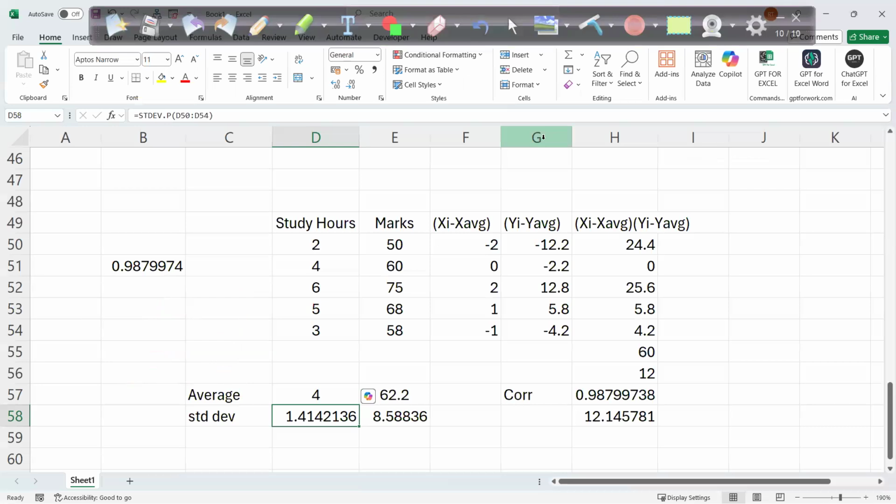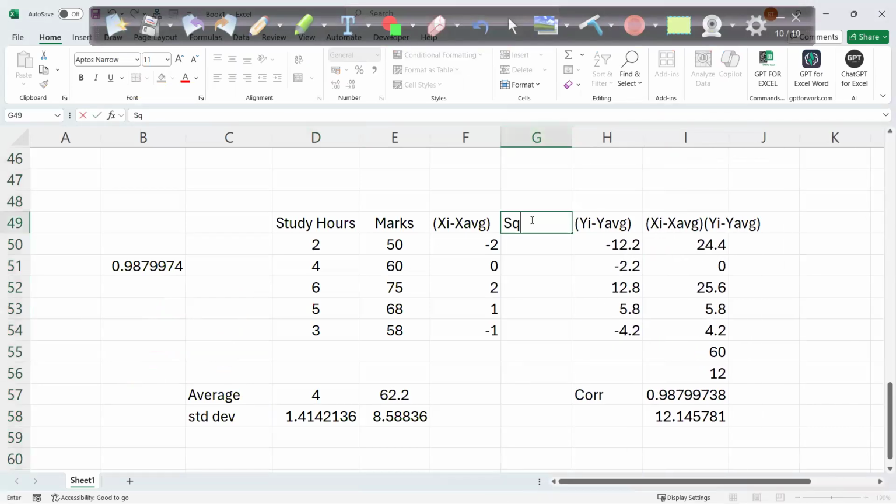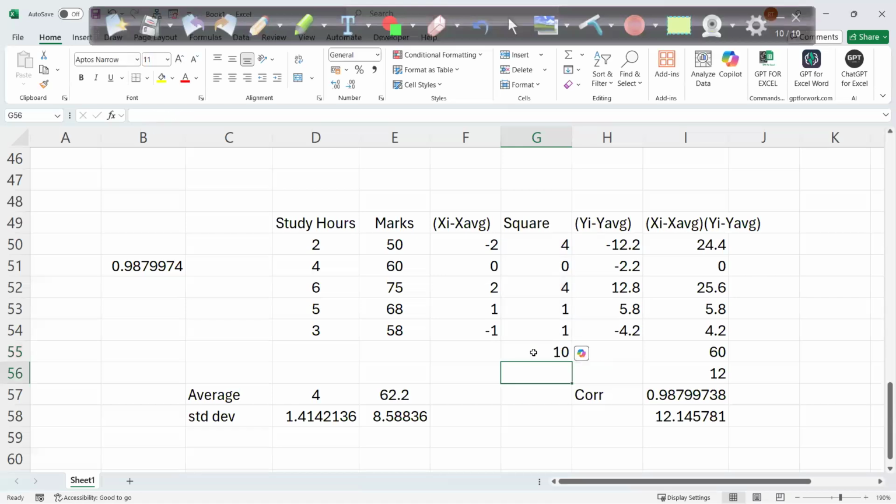So let me insert one more column here and let me take the square. That is this square all over the place. Sum it up. I got 10. 10 divided by 5 records. That is 2. And now I will be dividing 2 with 1.14 into 1.14.